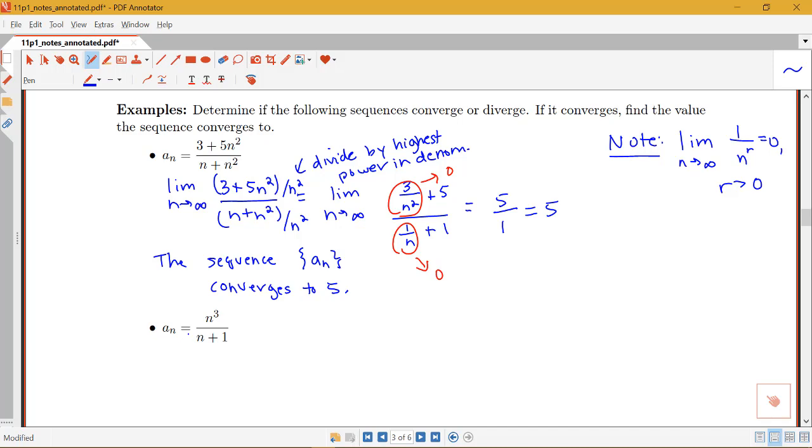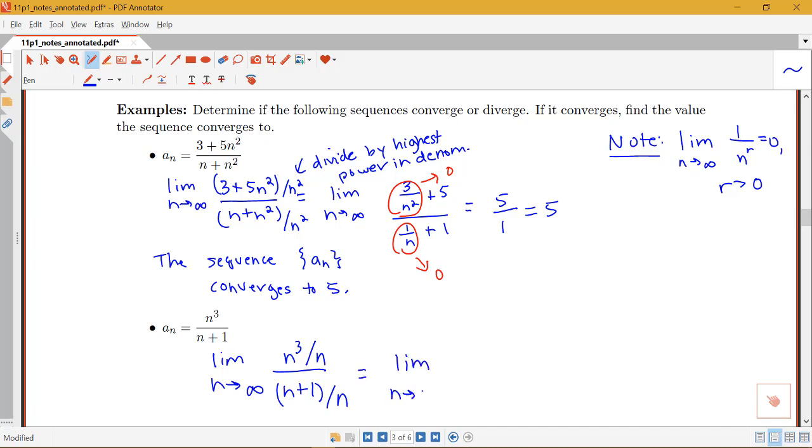All right, so let's look at one more example of this type. I've got a_n equals n cubed over (n plus 1). So I need to look at the limit as n goes to infinity of n cubed over (n plus 1). Notice that the highest power in my denominator here is n, so I'm going to divide both the numerator and denominator by n.